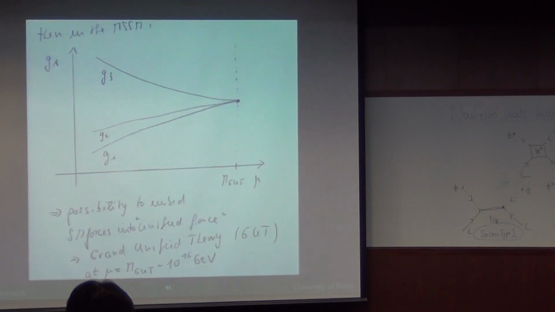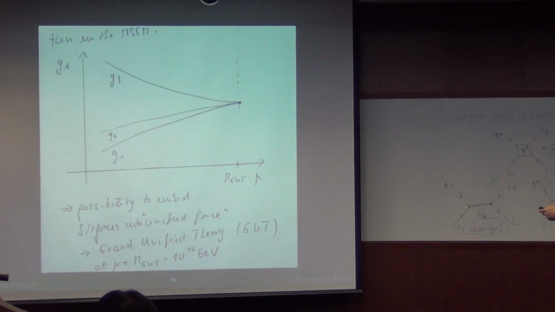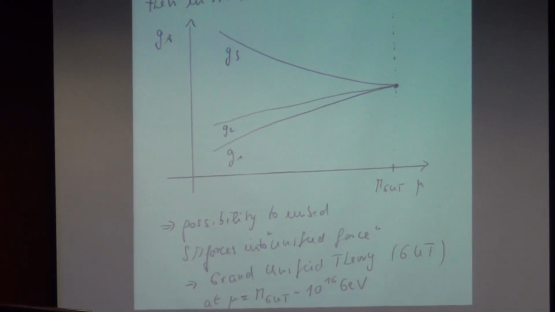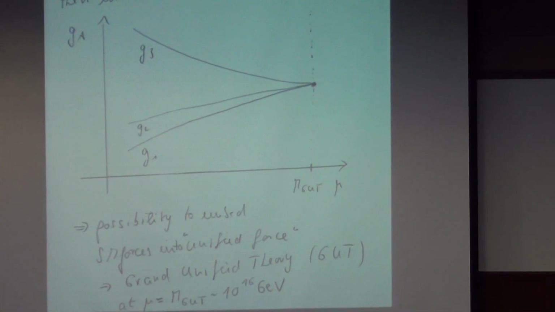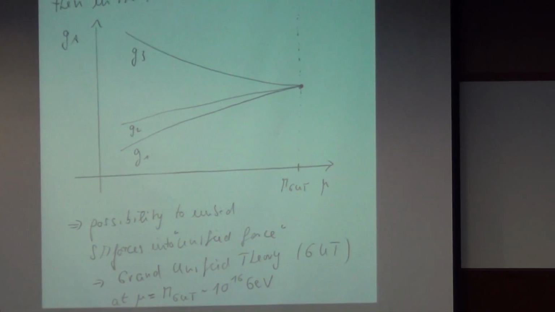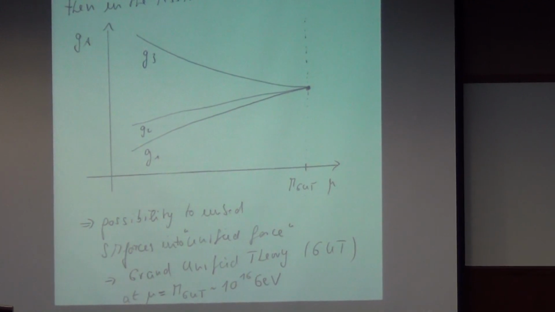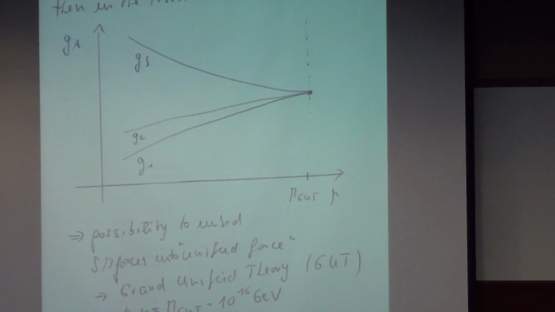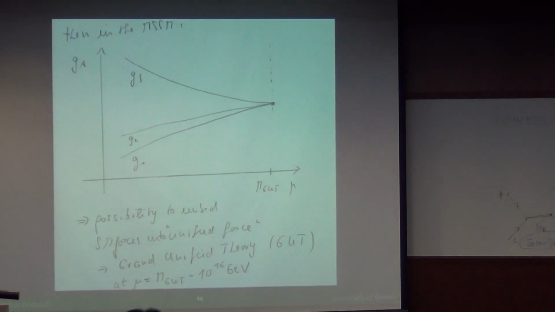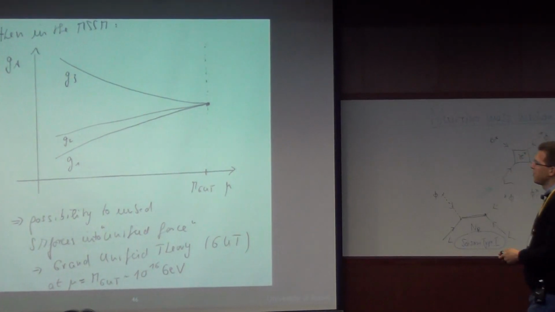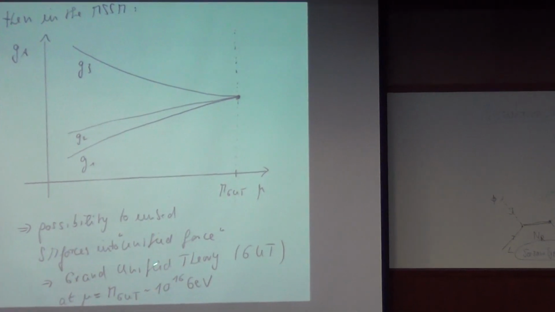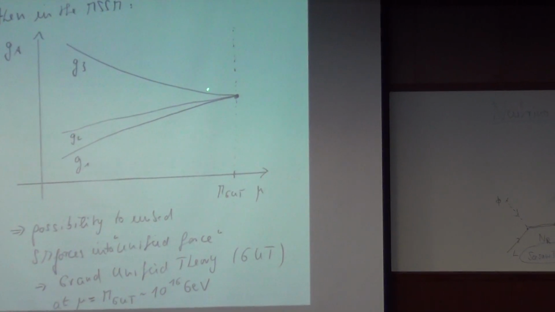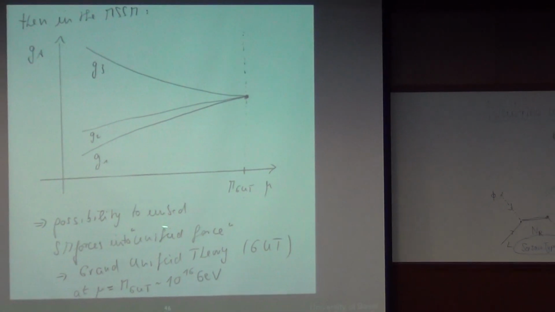Okay, then you calculate the running, and you find that in the MSSM, when supersymmetry is somewhere at low energies, they indeed meet at a scale of 10 to the 16 gigaelectron volt. Whereas in the standard model, they are running in the right direction towards each other, but they are not really meeting without doing anything else. But in the MSSM, they automatically meet, giving you the possibility to unify these forces without much extra work at a scale of around 10 to the 16 gigaelectron volt.